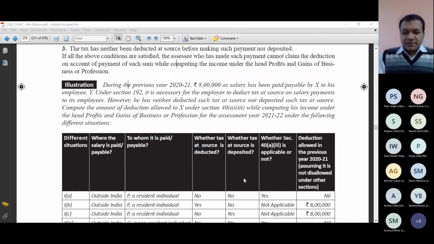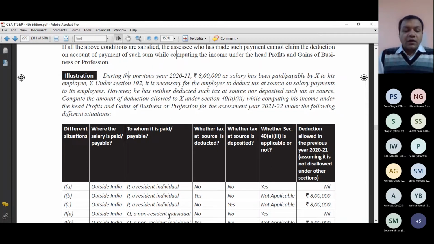Now next, same illustration is continuing. Fourth, outside India, Q, a non-resident individual. So whenever payment is made outside India, if it is covered in 40A3, then both the defaults must be there.